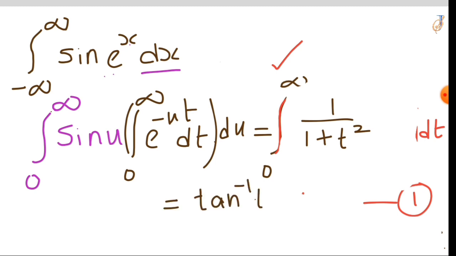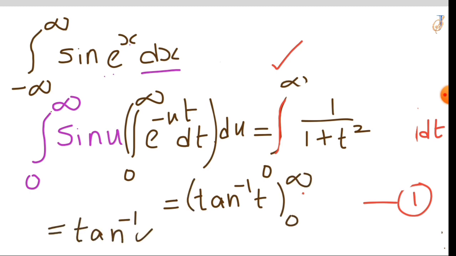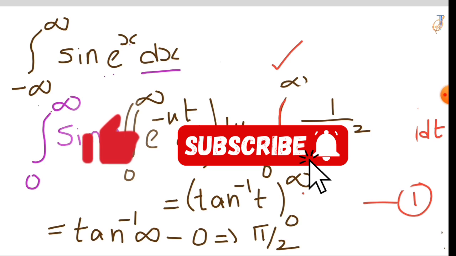Now we apply the limits 0 to infinity. The upper limit is tan inverse of infinity minus the lower limit tan inverse of 0. Tan inverse of 0 is nothing but 0 only, and tan inverse of infinity, the value is pi by 2. So the integral of sin x over x from 0 to infinity, the value is pi over 2.